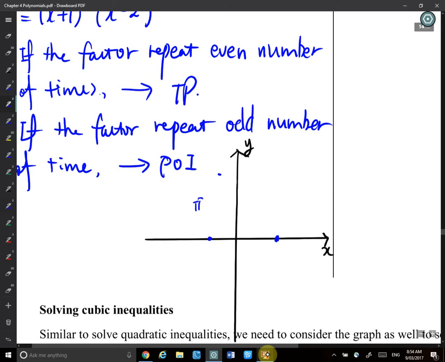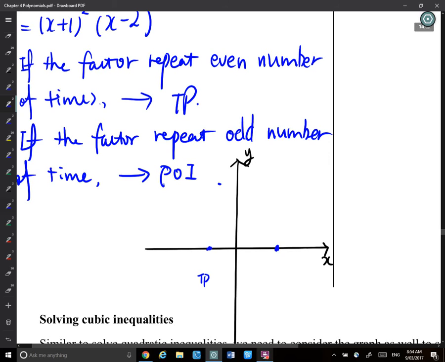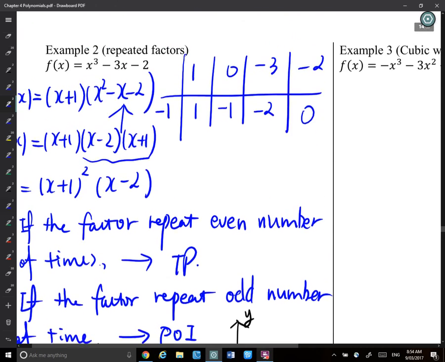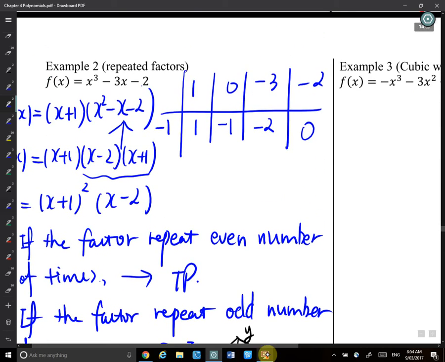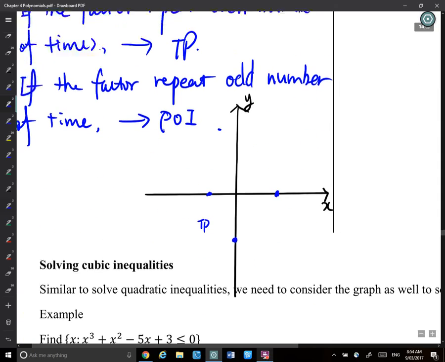Just label a small turning point. You just know that point will be a turning point. And 2 is just a single factor, so just cross there. And you have the y-intercept at 0, negative 2. So 0, negative 2, you have a point here.